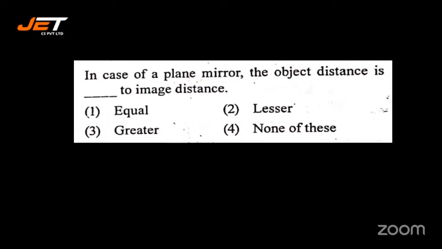Nitin says equal, Aditya says equal, Swati says equal, Lokesh says equal, Nidhi says equal, Anjali says equal. All right. Let's see the key. It is equal, students. For a plane mirror, object distance and image distance are equal. The image is as far behind the mirror as the object is in front. For a real object in front of the mirror, the image is behind the mirror.